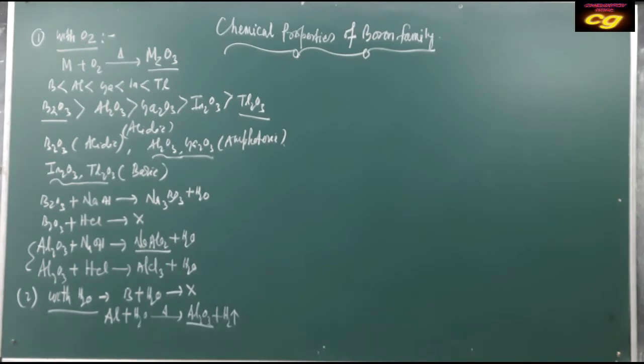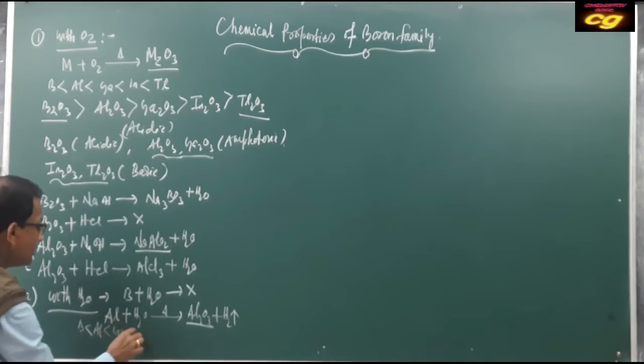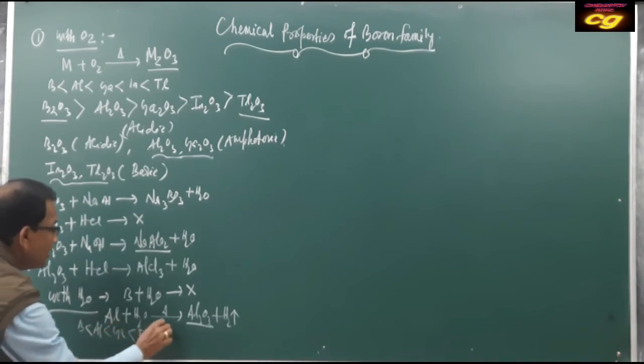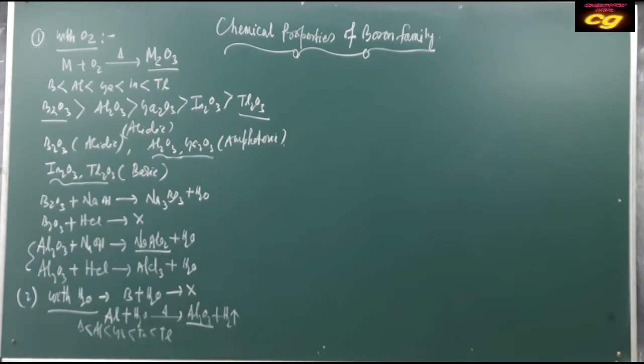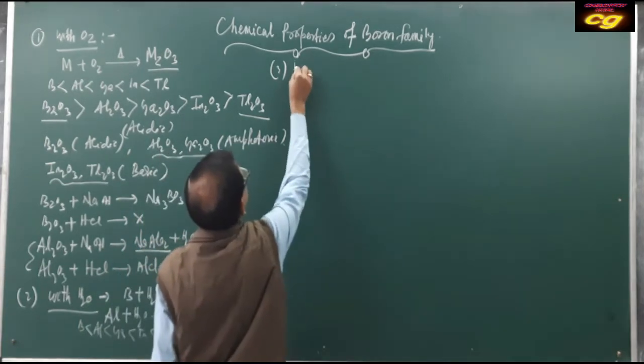So the reactivity order is boron less than aluminum, less than gallium, less than indium, less than thallium. In this order, reactivity with water.